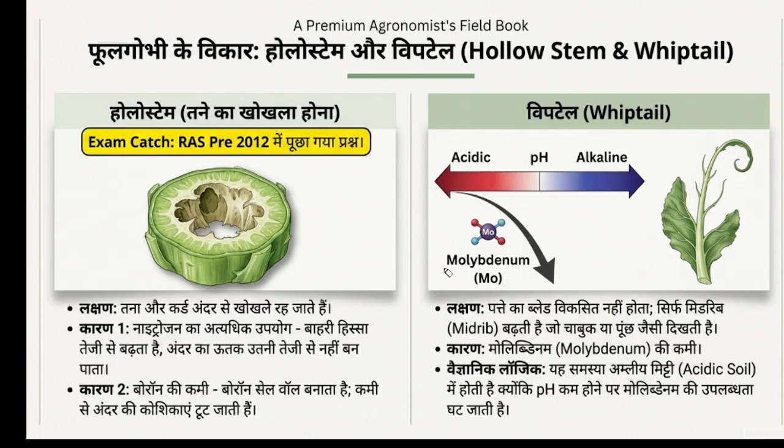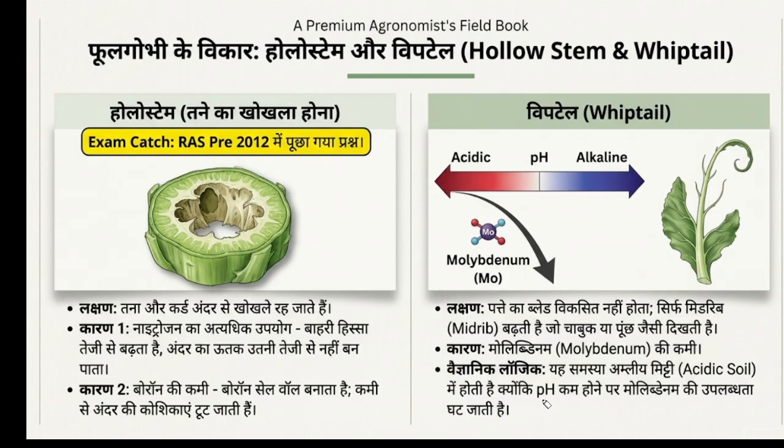When farmers apply more nitrogen than needed, the plant grows very rapidly. The outer part grows quickly, but the inner tissue cannot form fast enough, due to which the stem and curd remain hollow from inside. It has only two main causes, either excessive use of nitrogen or boron deficiency in the soil.